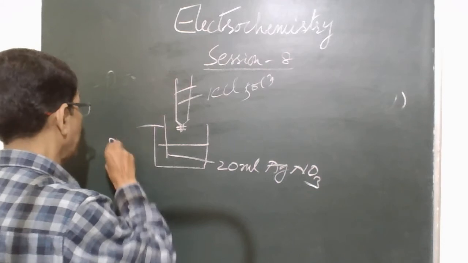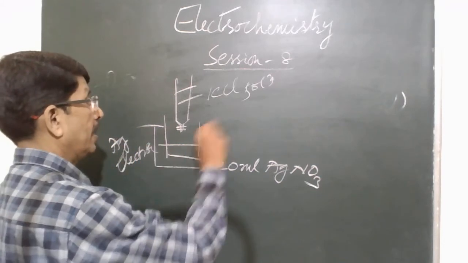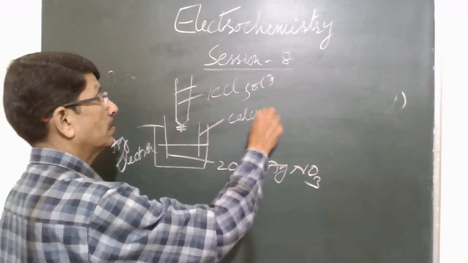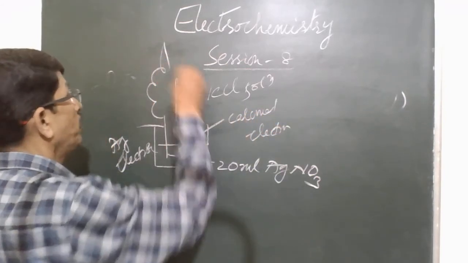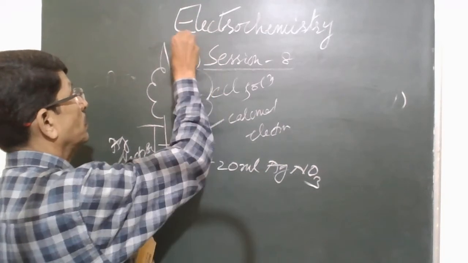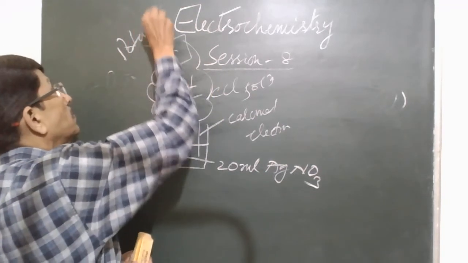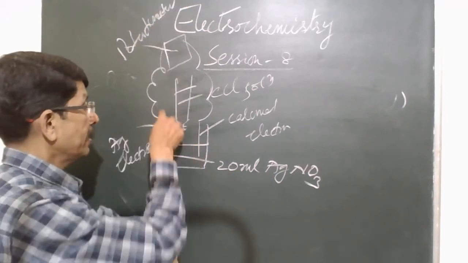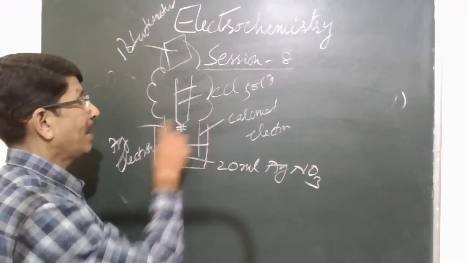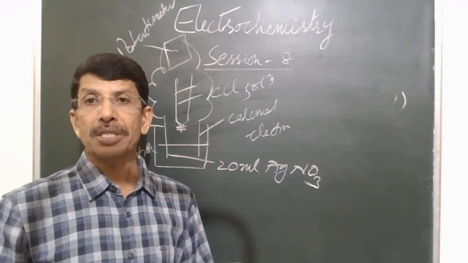Place a silver electrode and a calomel electrode and connect them to a potentiometer. So silver nitrate is taken in the beaker, silver electrode and calomel electrode are dipped into the solution and they are connected to the potentiometer.